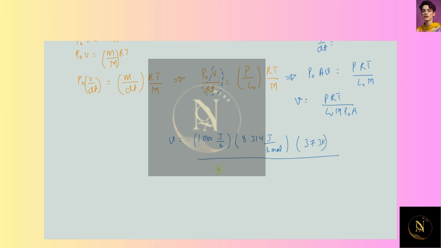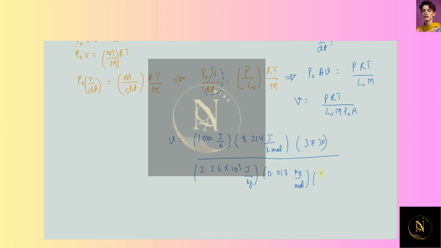Divided by latent heat, we know that the latent heat of vaporization is 2.26 × 10^5 joule per kg. And the molar mass is 18 gram for water, but if we convert into kg, we'll get 0.018 kg per mole.